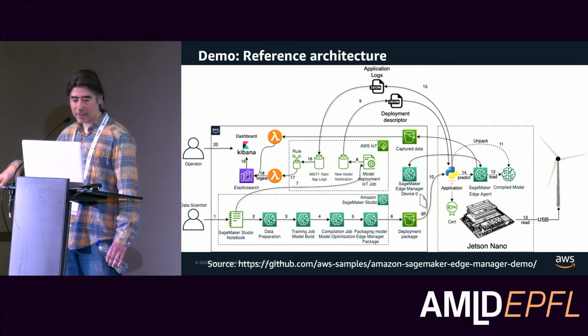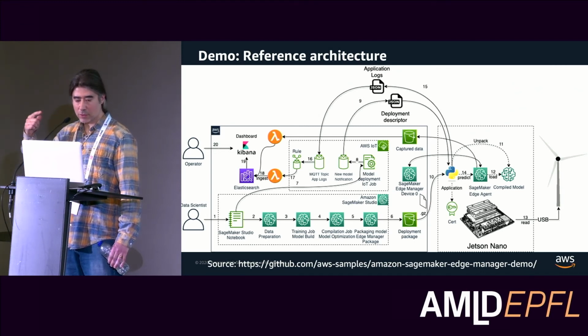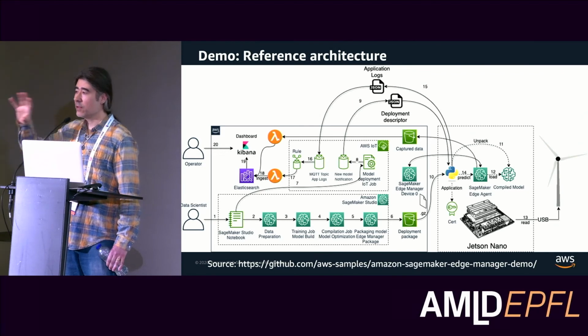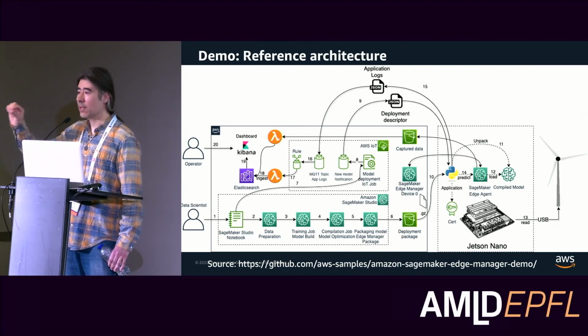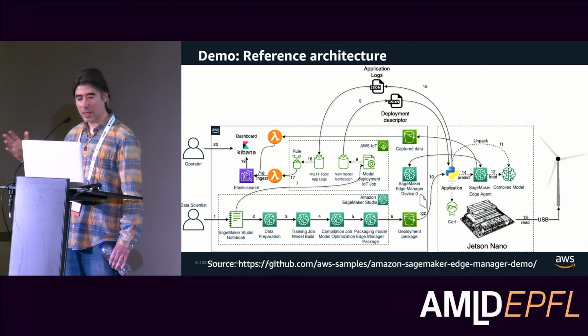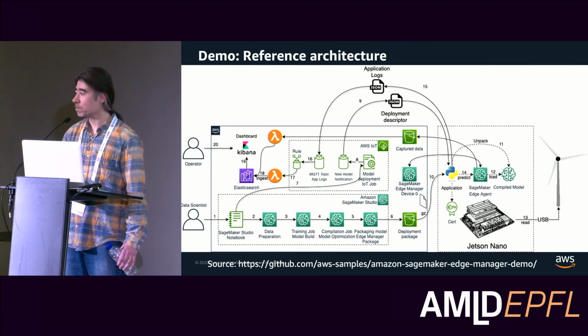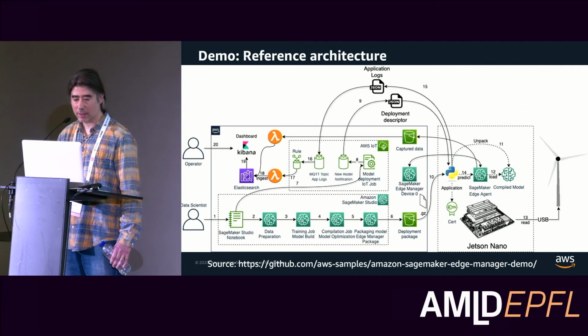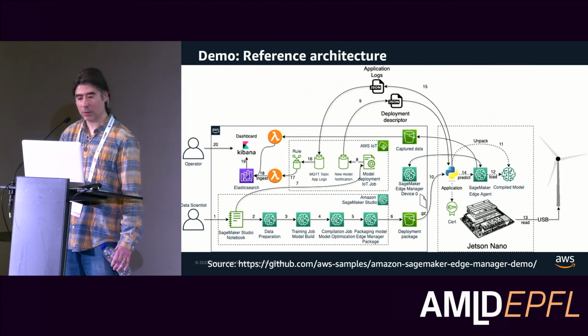And then it detects the anomalies and sends them back to the cloud, and then you can visualize the anomalies using Elasticsearch and Kibana, the dashboard. If nothing happens, it basically ignores the information. This is your decision. You can send data back to the cloud or not.